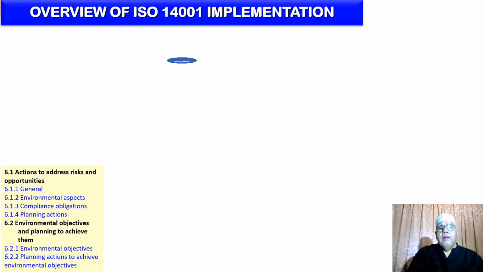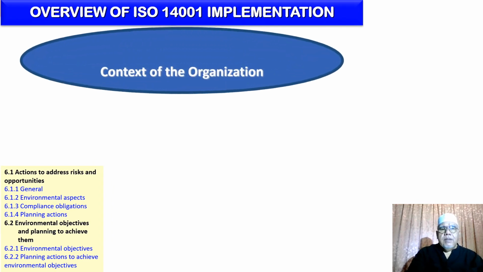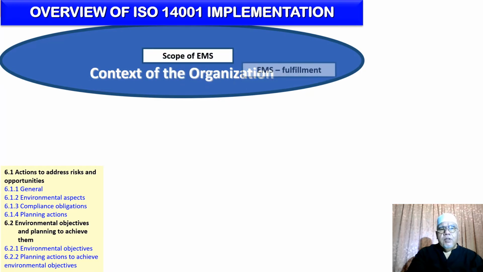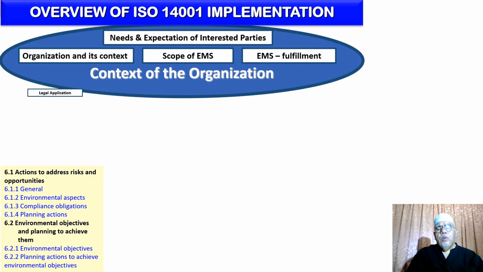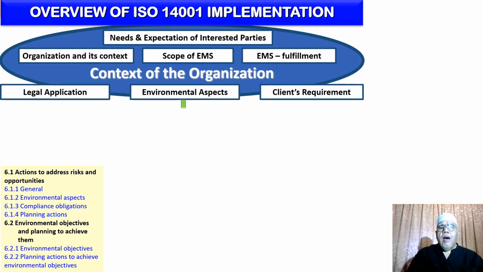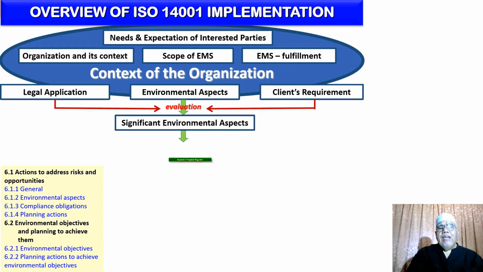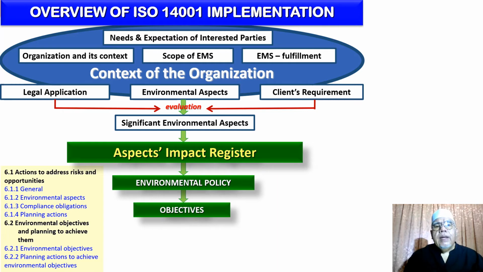Here we are. As you can see, these are our obligations in establishing our environmental management system, ISO 14001 version 2015. Now let's take a look. Where are we as far as the identification of environmental aspects is concerned? So we are here.